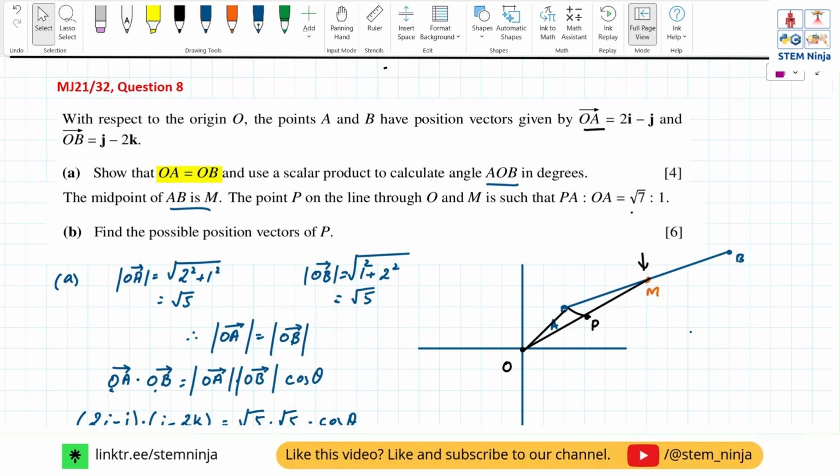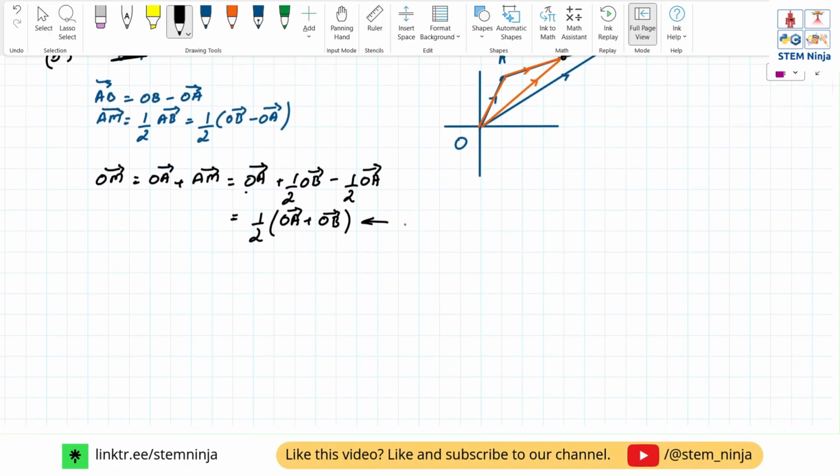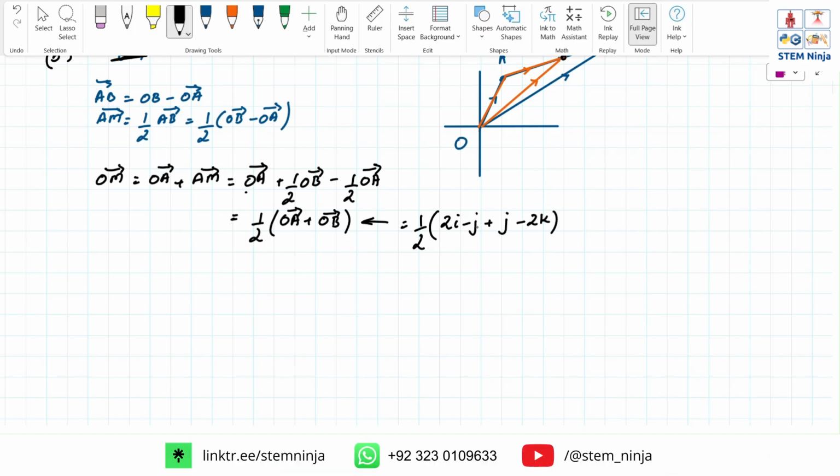OA was 2i minus j, so half of 2i minus j plus j minus 2k. The j and j cancel, and 2 and 2 divided by 2, so this is just i minus k.